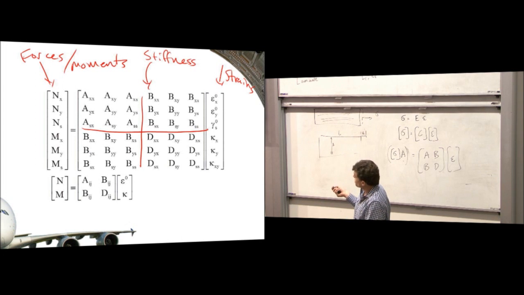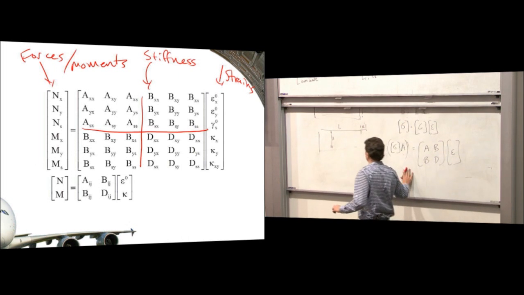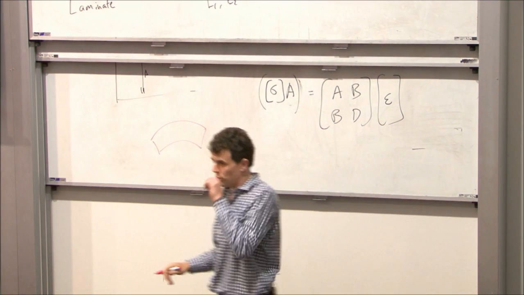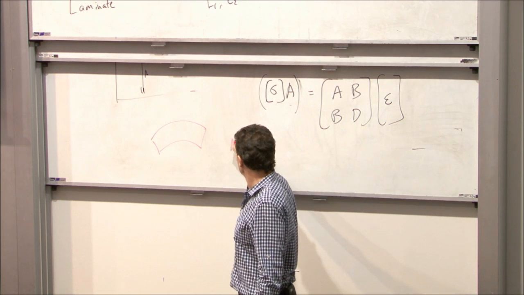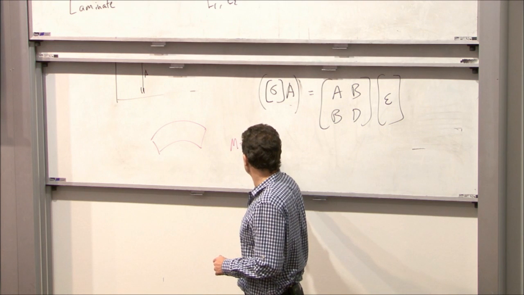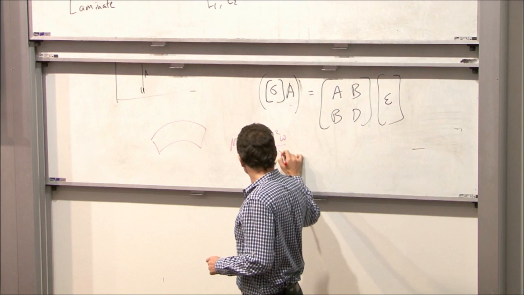Normal materials also have these terms, DXX, DYY, DYX, and DSS, or those five, sorry. And what they relate is moments to curvatures. So if you bent a beam and put a curvature on it, moment equals minus EI d2w dx squared.